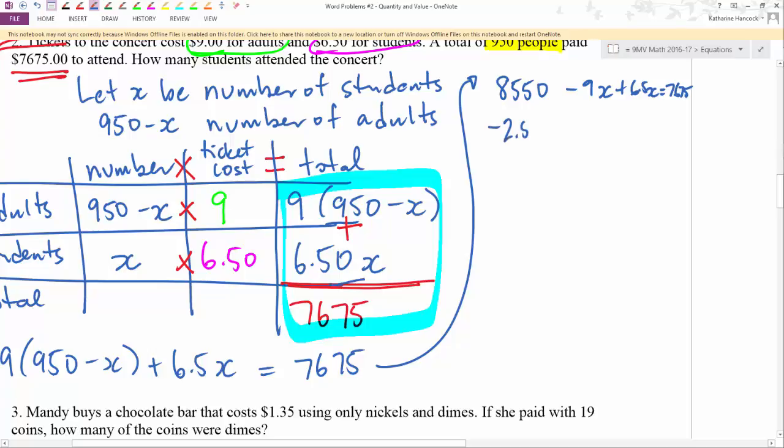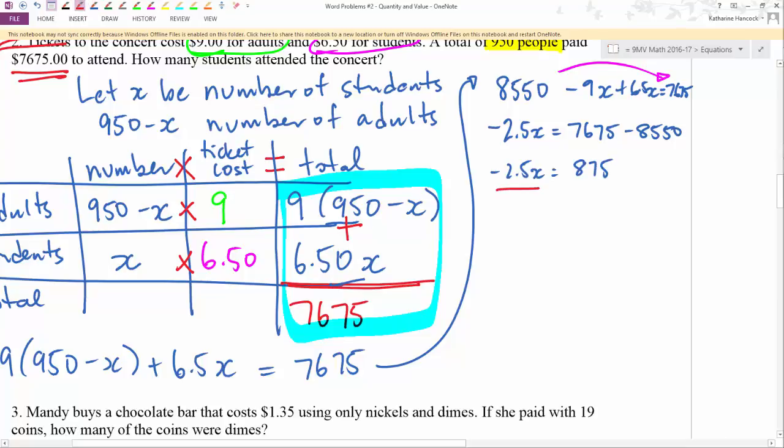So I'm going to have minus 2.5x equals 7675. I'm going to bring that 8550 over to the other side, and it'll be a minus 8550. 7675 minus 8550 is 875. So minus 2.5x equals 875.